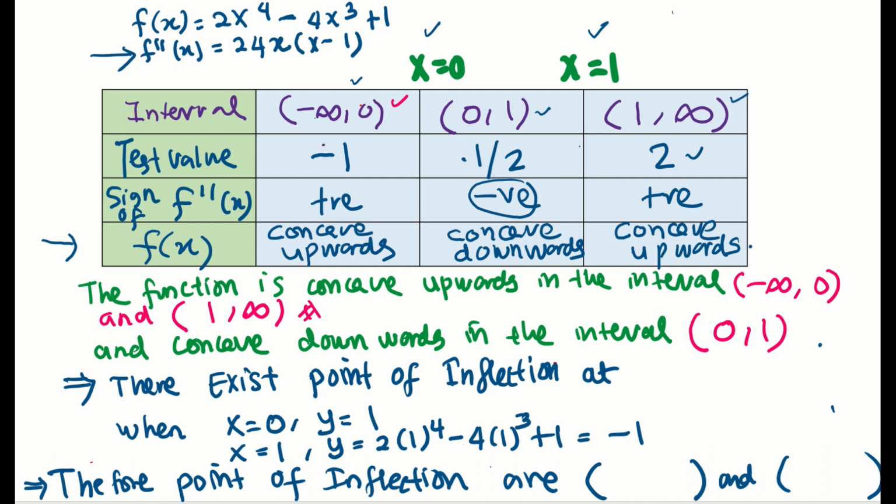Because the sign of f double prime changes from positive to negative and then to positive, this means that there exist points of inflection at x equals 0 and x equals 1.